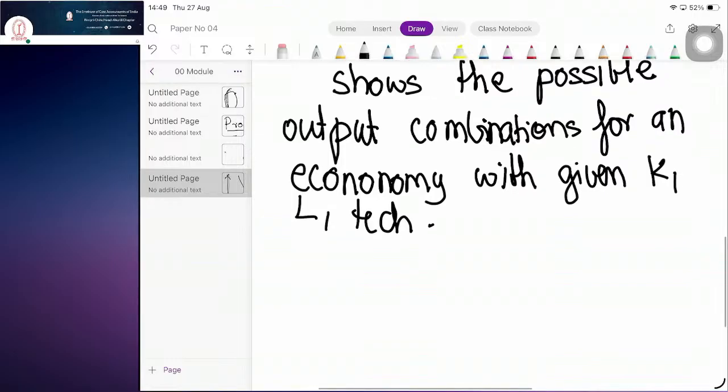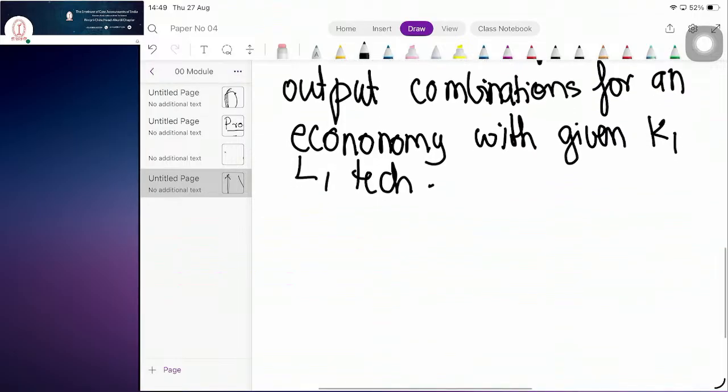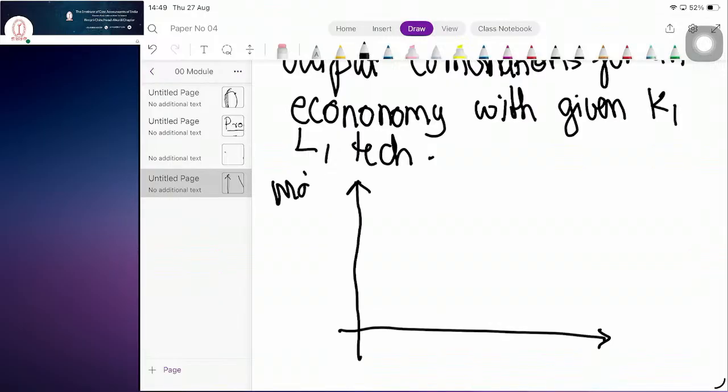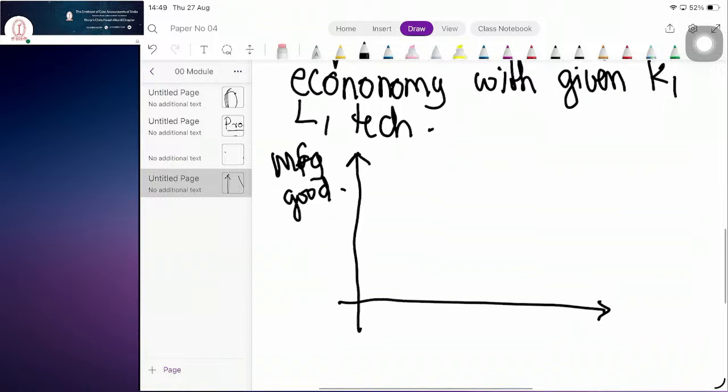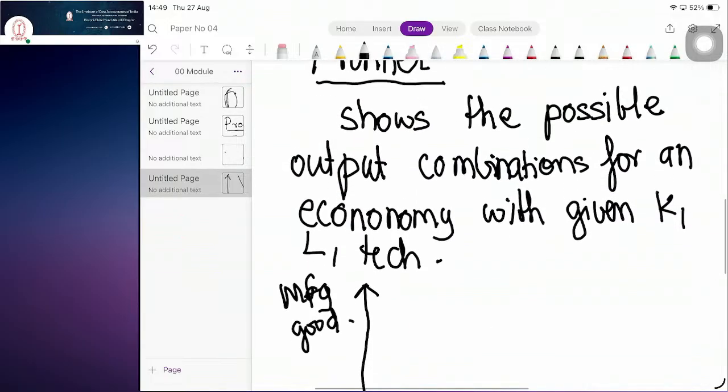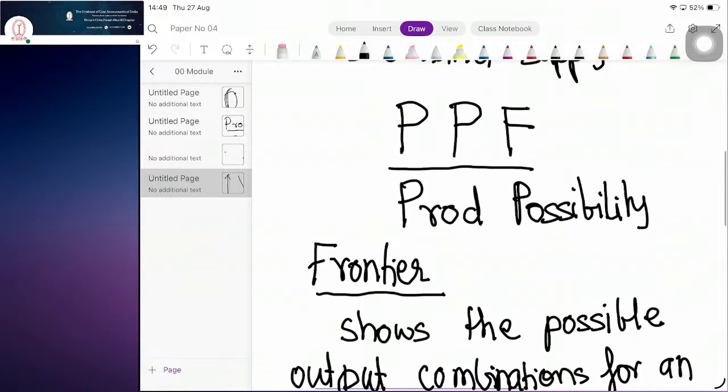Imagine a situation where there are only two products. Let us say manufactured goods, and there are just two commodities in the economy. One is the manufactured good and the other is the food product. At page number 14, we are trying to do what is called the production possibility frontier.